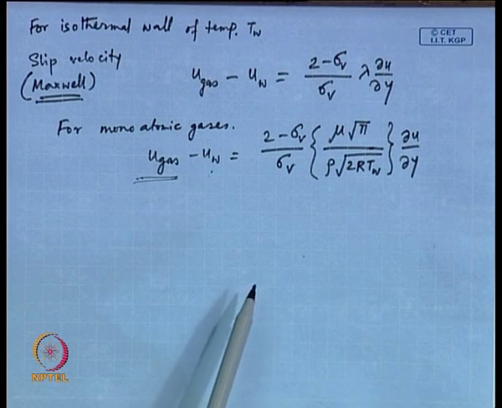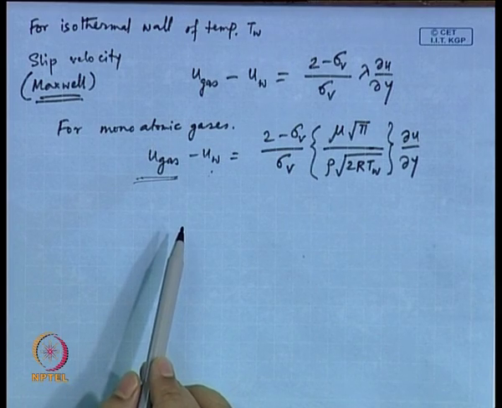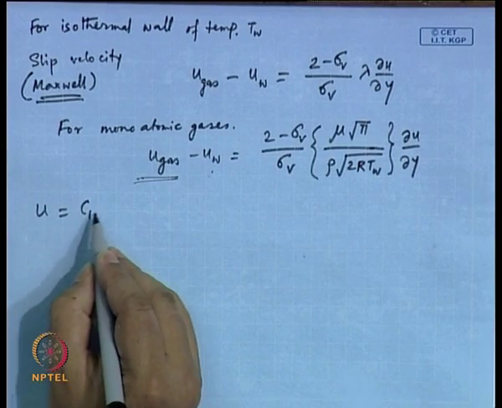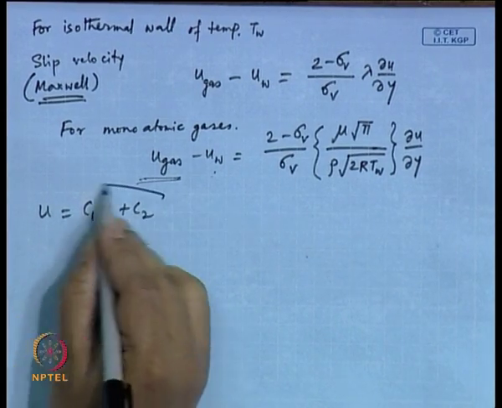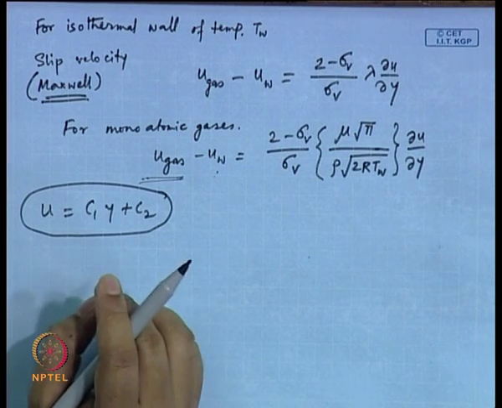Now, if we have this information with us, how do we solve this problem? What was the problem? u is equal to C1y plus C2. We said that remains same, right? Navier-Stokes equation for what?